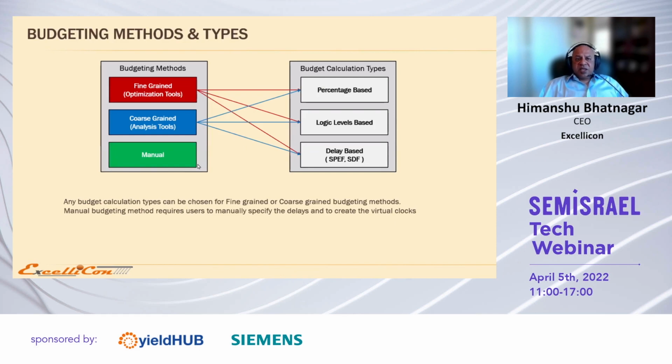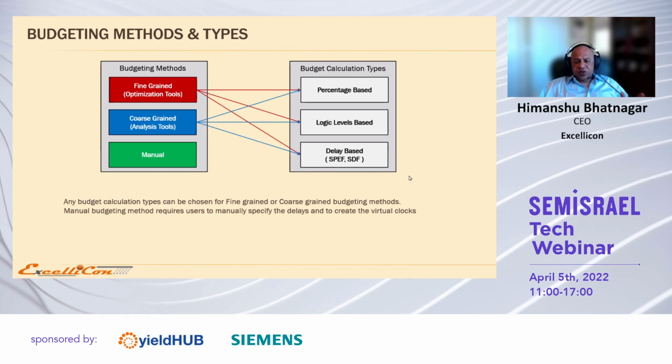The budgeting methods and types: budgeting can be done with three different types. You can do fine grain, coarse grain, or manual. And the budgeting calculation is percentage based, logic levels based, and delay based. Obviously, percentage based and logic levels based you can do at the RTL level. At the gate level, you can do pretty much all three.